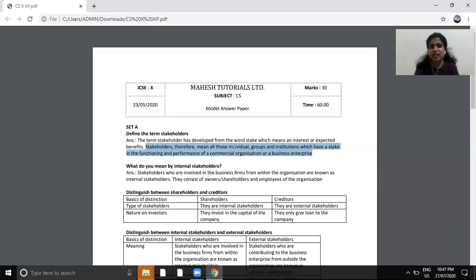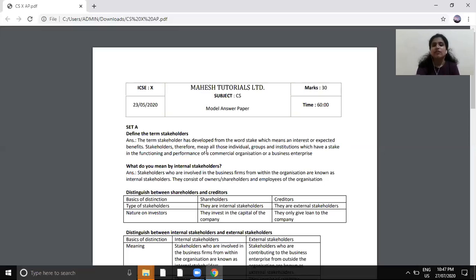The words individuals, groups, and institutions having stake in performance are important keywords. So these words have to be there, and you have to write it exactly the same way as it's mentioned in the textbook. You cannot write this in your own words.